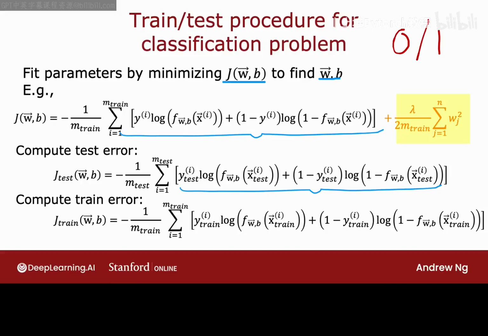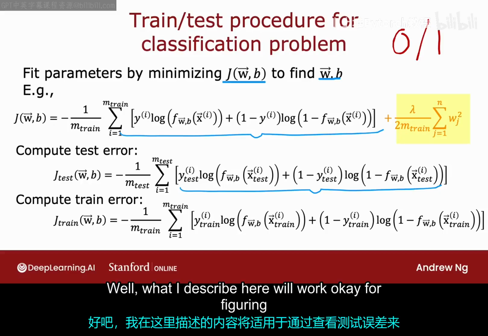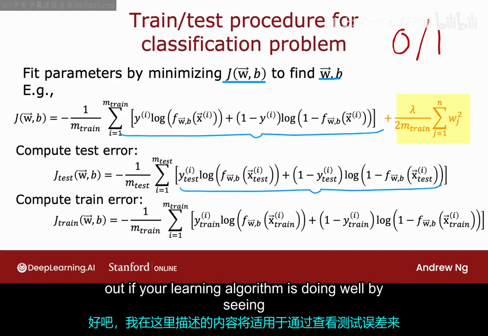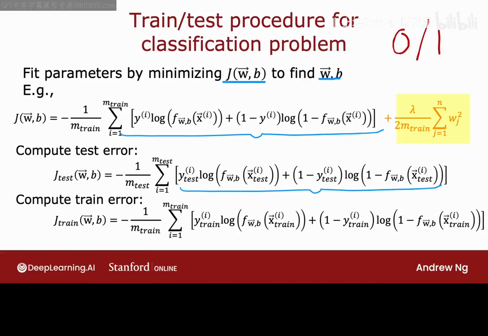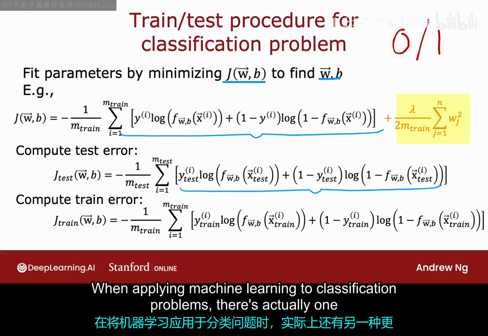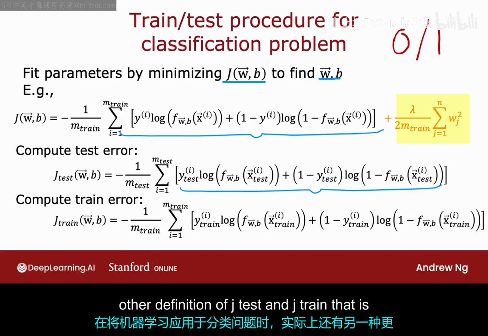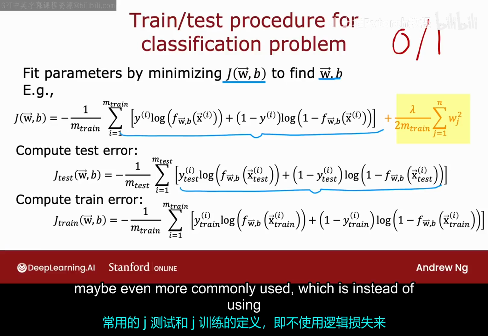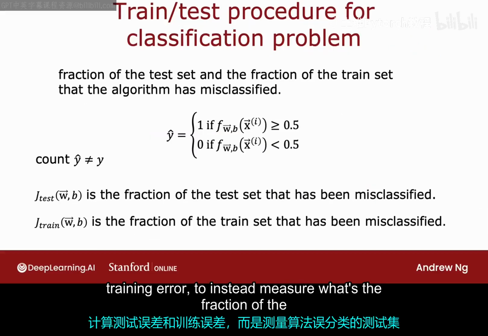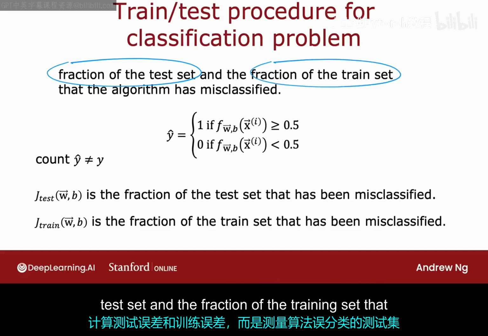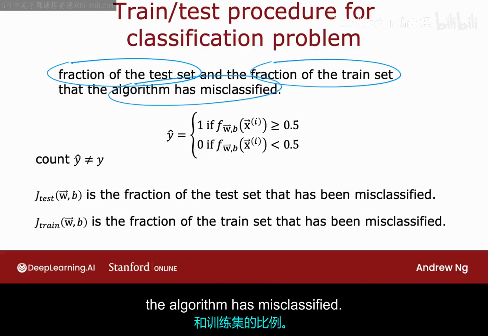What I described here will work okay for figuring out if your learning algorithm is doing well by seeing how well it's doing in terms of test error. When applying machine learning to classification problems, there's actually one other definition of J-test and J-train that is maybe even more commonly used, which is, instead of using the logistic loss to compute the test error and the training error, to instead measure the fraction of the test set and the fraction of the training set that the algorithm has misclassified.